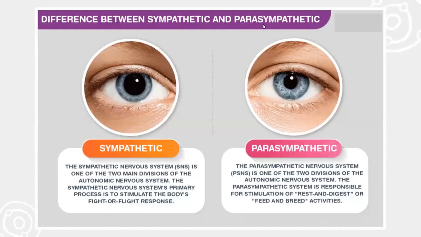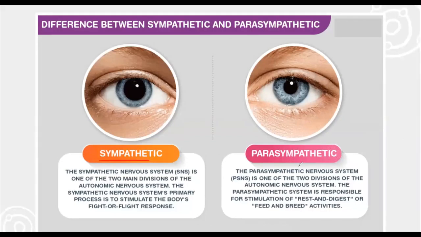Let's first clearly define it. With an example of sympathetic and parasympathetic, here you see the pupils which are constricted, and here it is dilated. So the sympathetic nervous system is one of the main divisions of the autonomic nervous system.